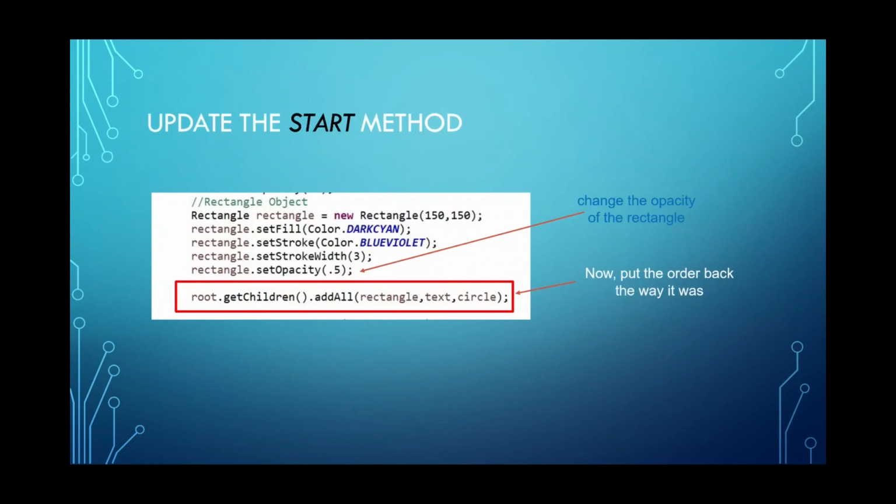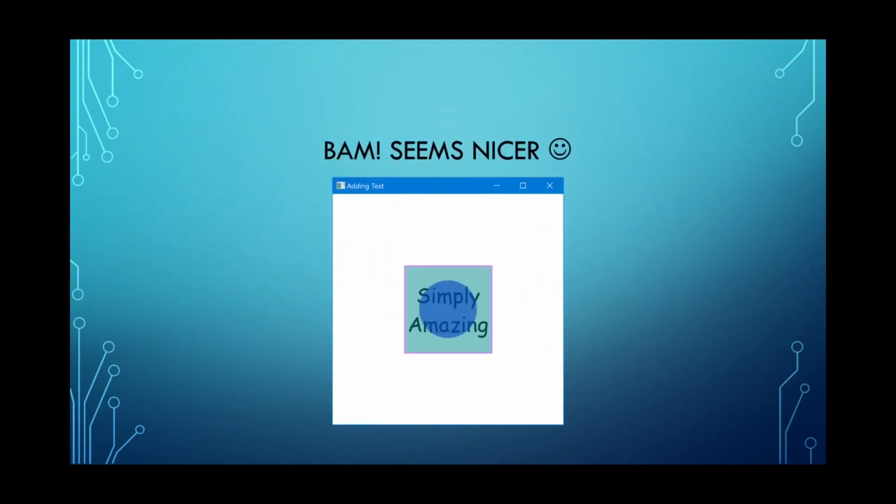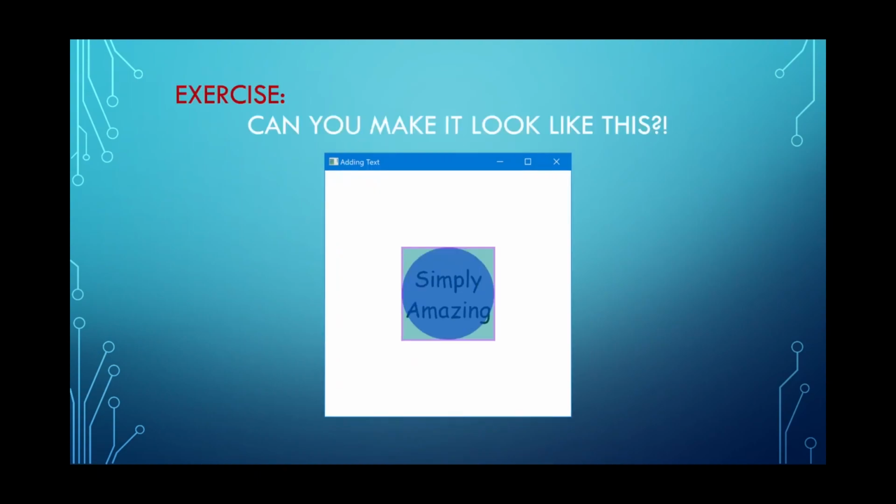The last thing you would do is put the order back to the way it was, and bam, seems nicer in here, right? So one exercise for you is, can you make it look like this?